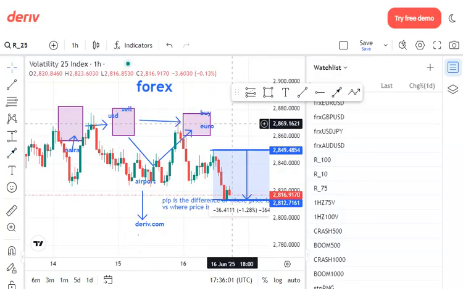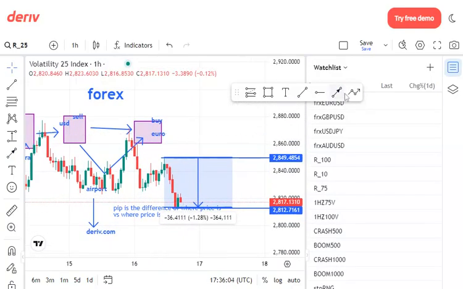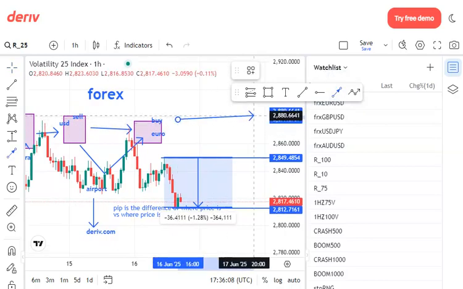However, when all of these transactions are taking place, there is something we call price change. Everybody knows what price change is.